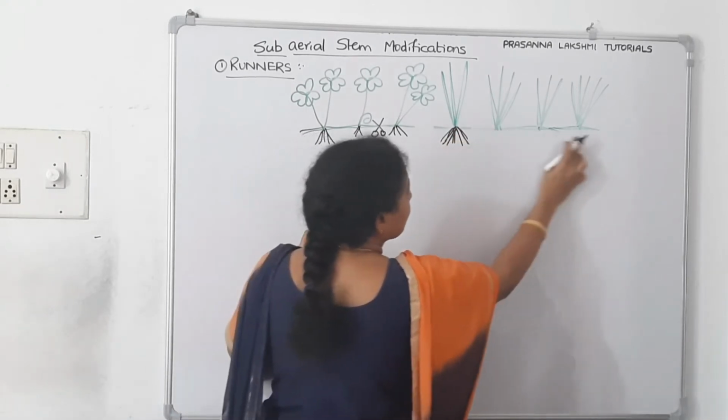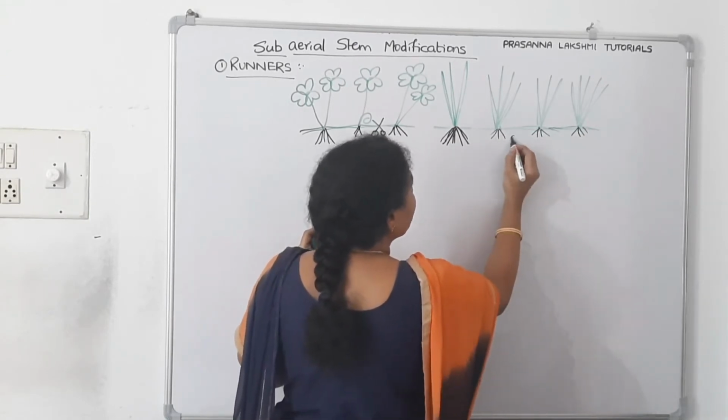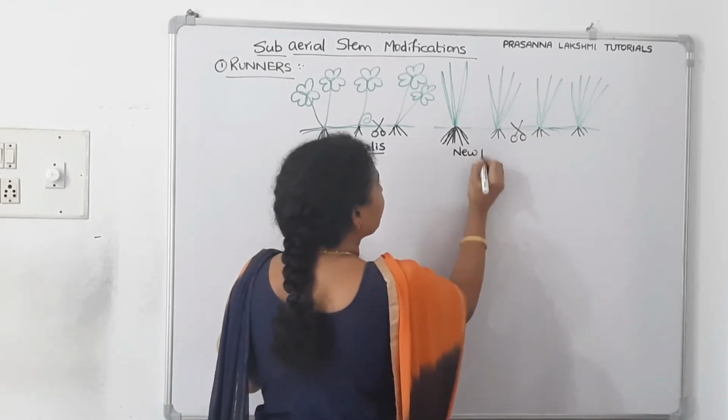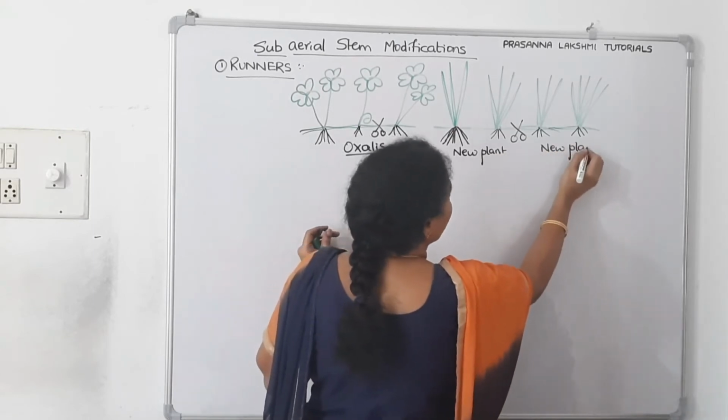These crawling parts will have the adventitious roots. And suppose if you cut it here, this becomes a new plant and this becomes a new plant. It helps in vegetative propagation.